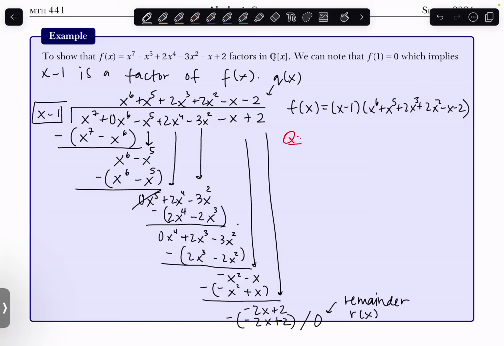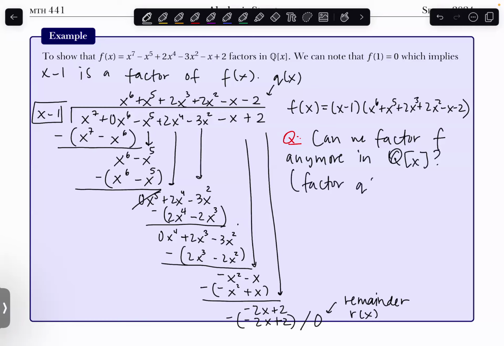Okay, so our question here is, can we factor f anymore? And really, we're thinking inside of this specific ring, really asking, can I? My x minus 1, I really can't do anything further. Maybe I could have pulled out a constant that they had in common.